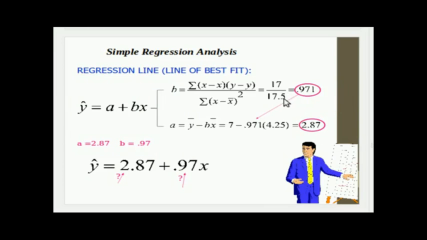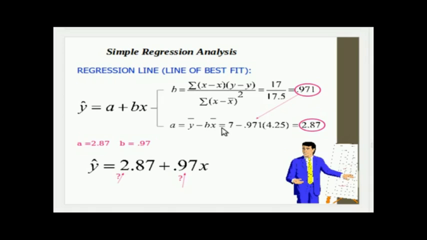Here we put the calculated values in the equation of B, the regression coefficient. So it is 17.5 divided by 17.5... that is 0.97.